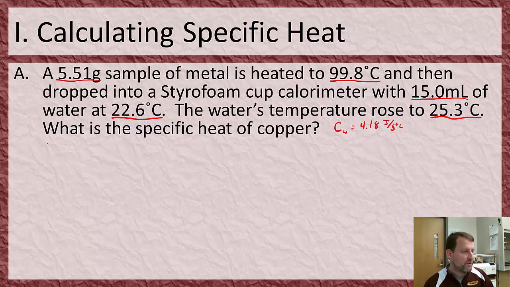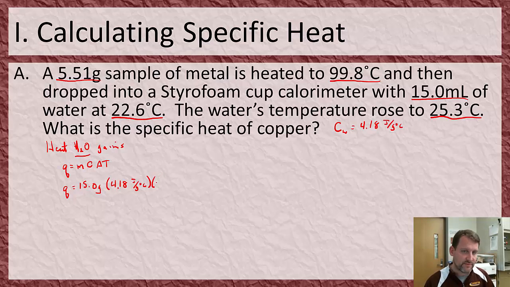Here it goes. This is the heat the H2O, the water, gains. To find that number, we use Q equals m c delta T, and this is for the water, so everything here is going to be water-based. Q is equal to the mass of the water, which is 15.0 grams, because the density is 1 gram per milliliter, times the C of water, 4.18 joules per gram degree Celsius, times the change in temperature, which is the ending temperature, 25.3 degrees Celsius, minus the beginning, 22.6 degrees Celsius.